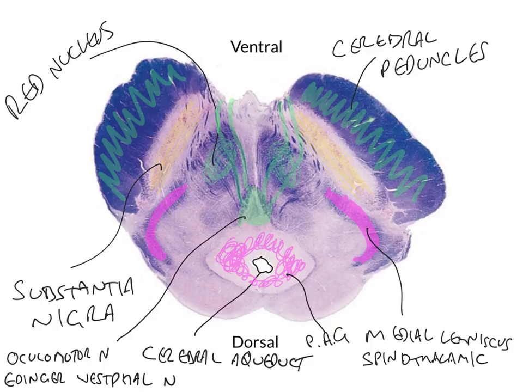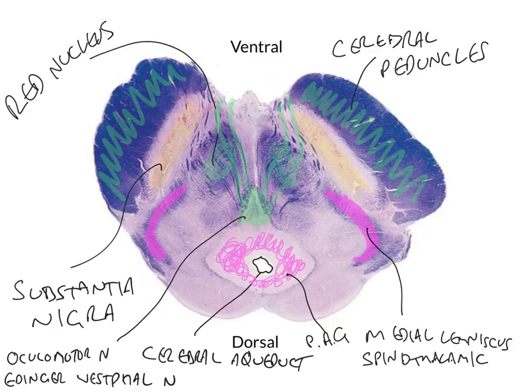Okay, so that triangular nose is the third nerve nucleus, very, very important. And those green tendrils I showed you emanating from that third nerve nucleus are fibres of the third nerve.